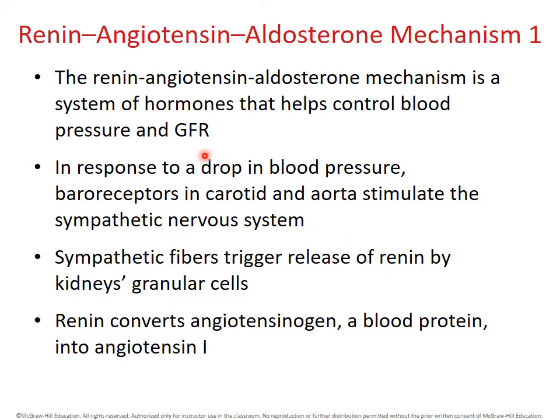So, long story short, as blood pressure drops, we get a release of renin by the kidney, specifically the granular cells. You may remember that renin then converts angiotensinogen into angiotensin 1. Angiotensin 1 then has to be converted into angiotensin 2.